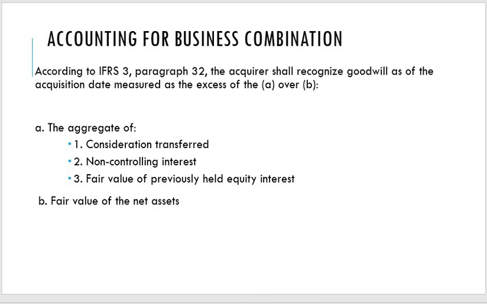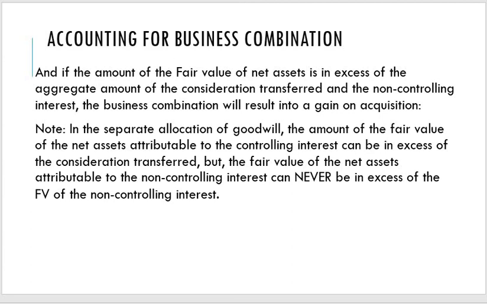However, if the fair value of net assets is in excess of the aggregate amount of consideration transferred and non-controlling interest, the business combination will result in a gain on acquisition. It should be noted that in the separate allocation of goodwill, the fair value of the net assets attributable to the controlling interest can be in excess of the consideration transferred.